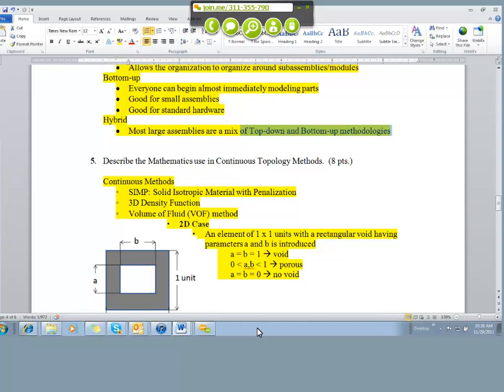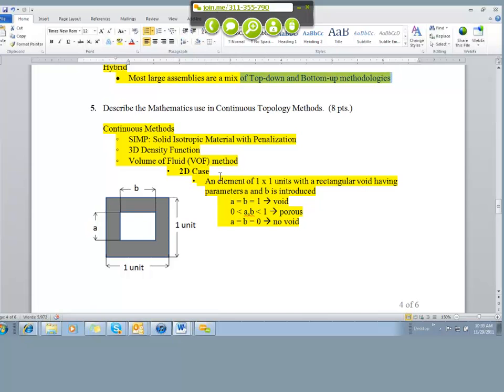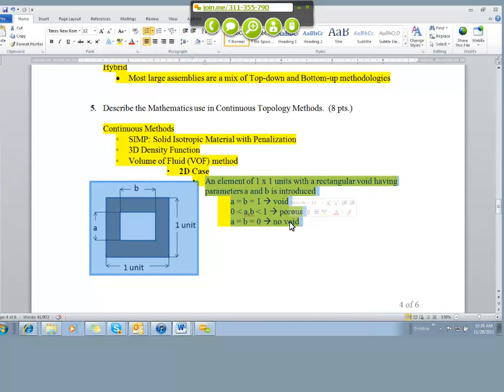The problem number 5, where we started talking about the topology optimization methods, in this case, the continuous. What I was hoping that I would find in this discussion would have been something about the unit cell and how the void is defined inside of the unit cell.